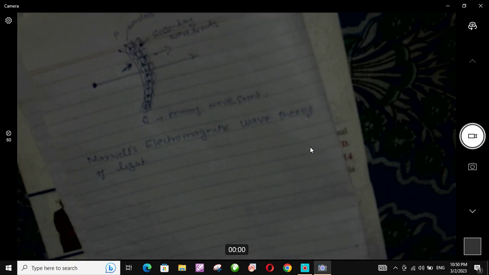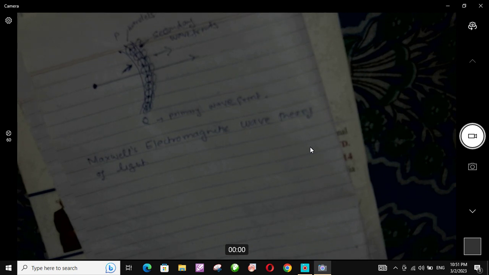and he said that accelerated charges produce disturbances, and these disturbances are affected in electric and magnetic field. The light waves are also electromagnetic in nature.